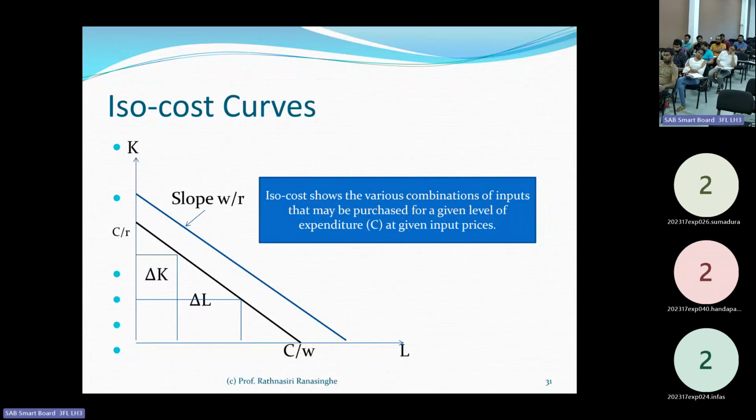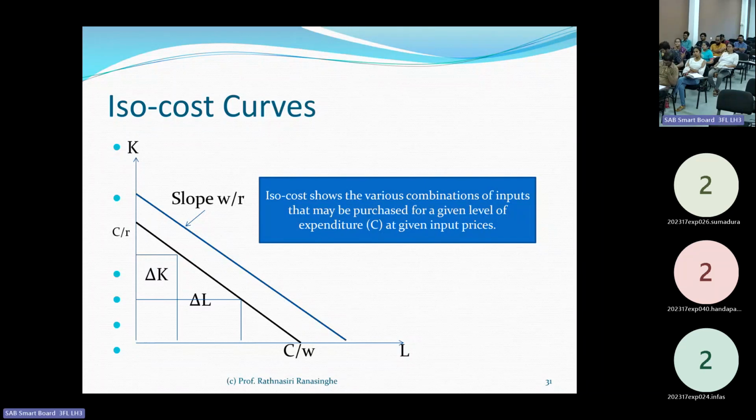Slope is W/R. This slope, delta K over delta L, means the price of labor and the price of capital, the ratio. So this is the ratio of the factor prices. The ratio of the factor prices gives us the slope of the isocost line.